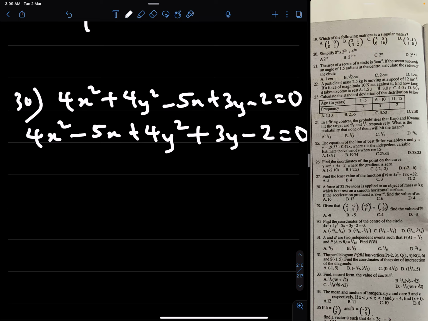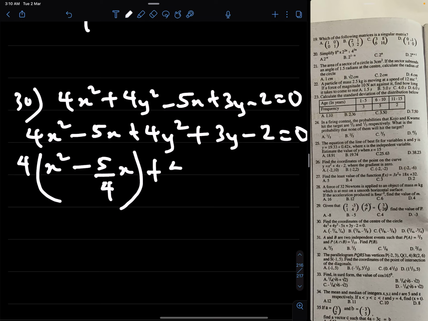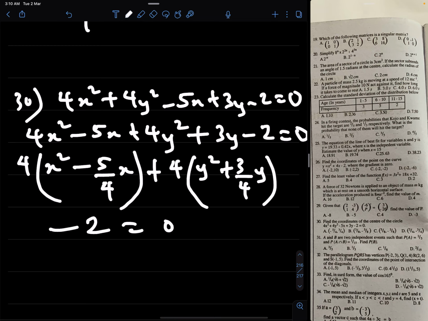That simply means 4 into bracket x squared minus 5 over 4 x, and I have to do this before I can complete the square, because the coefficients of x squared and y squared are not 1. Plus 4 into bracket y squared plus 3 over 4 y, minus 2 equals 0.